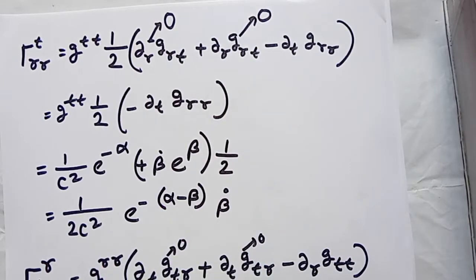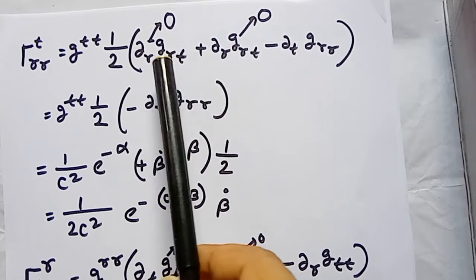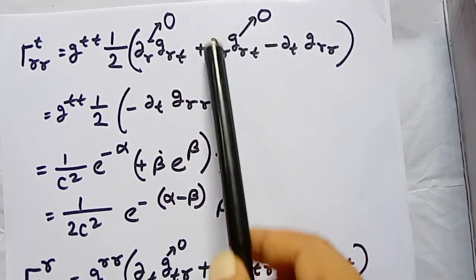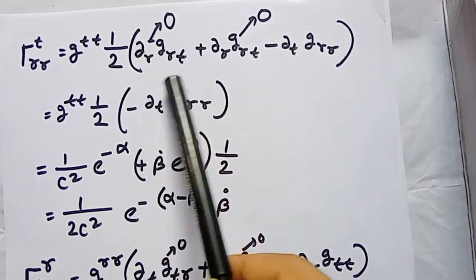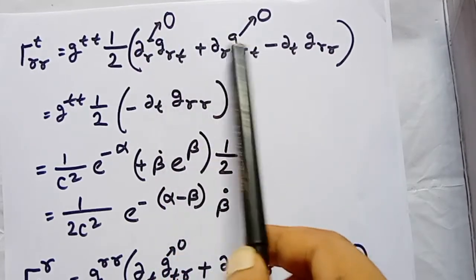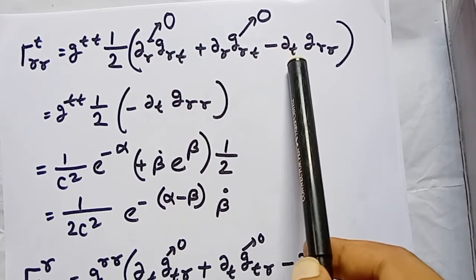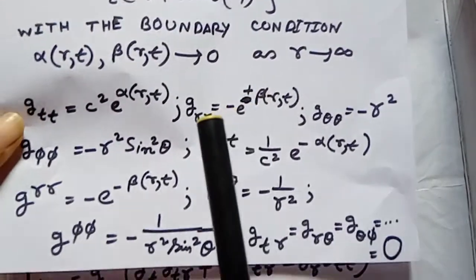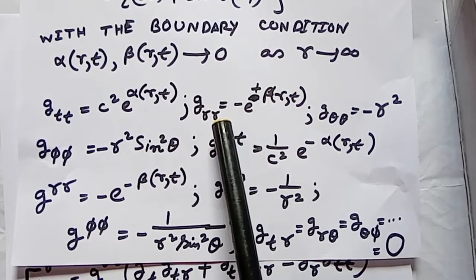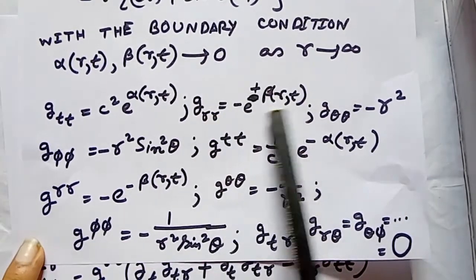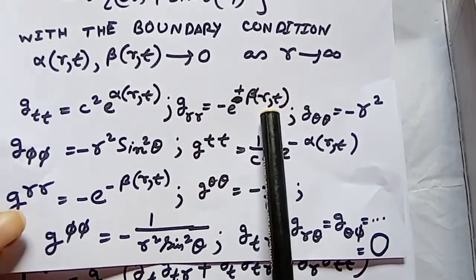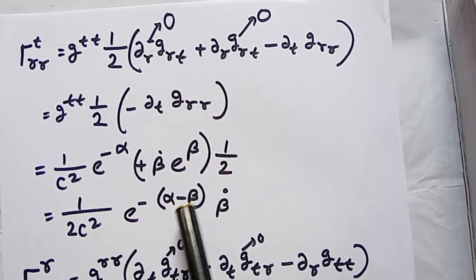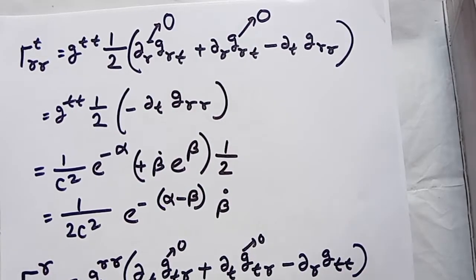Now, g tt half of del r g rt plus del r g rt minus del t g rr. g rt is not a component in the flat metric, so these are 0, and we have only del t g rr. Now we put the g tt and g rr values all together, and we have 1 over 2 c squared e to the minus alpha minus beta, beta dot, where beta dot stands for the derivative with respect to time.